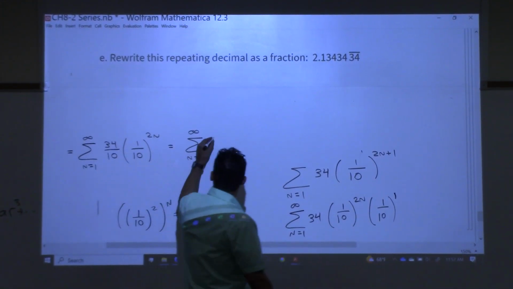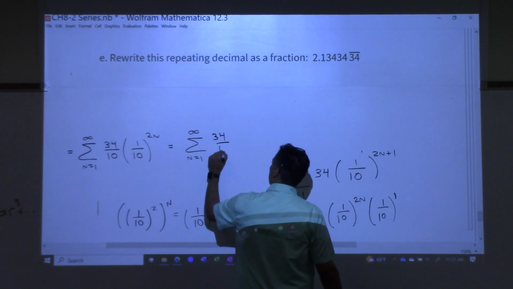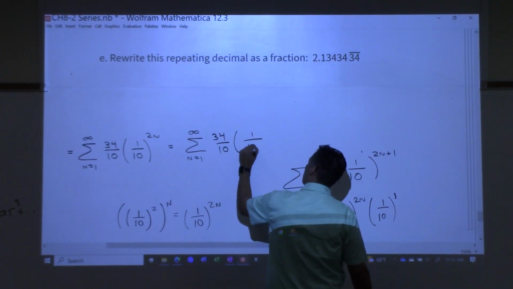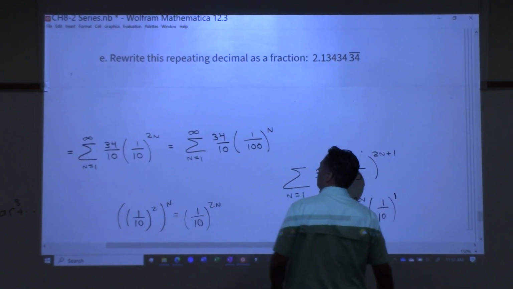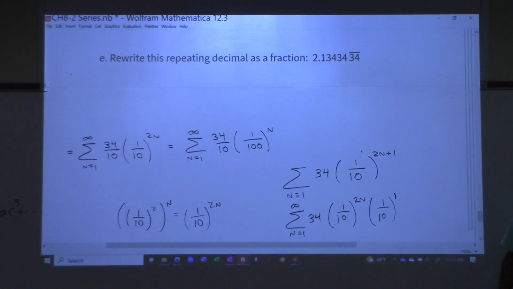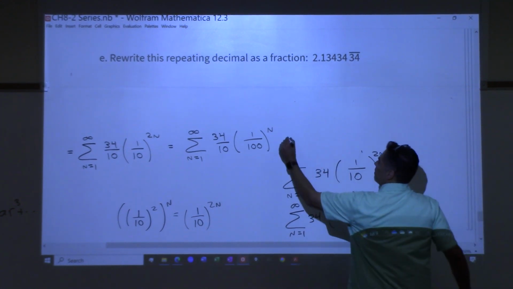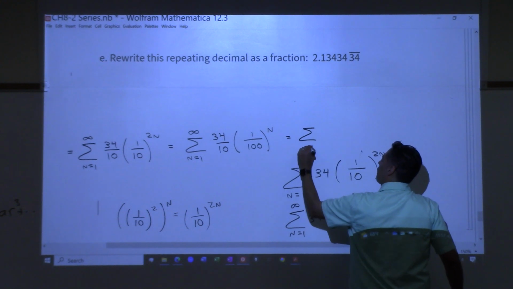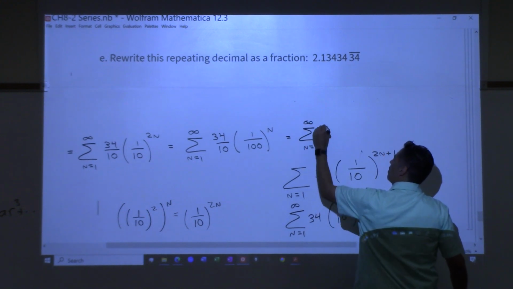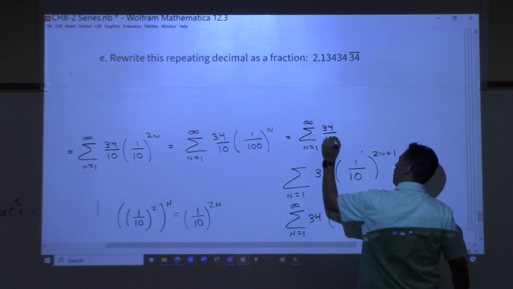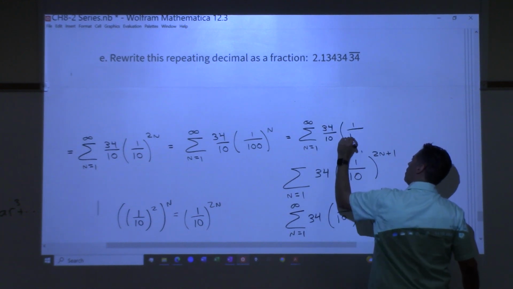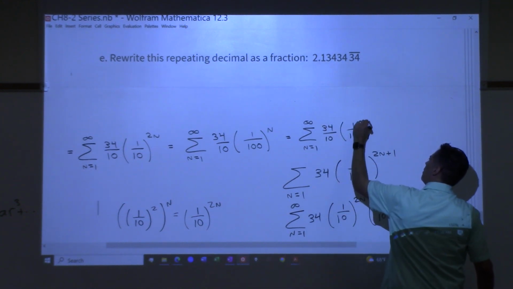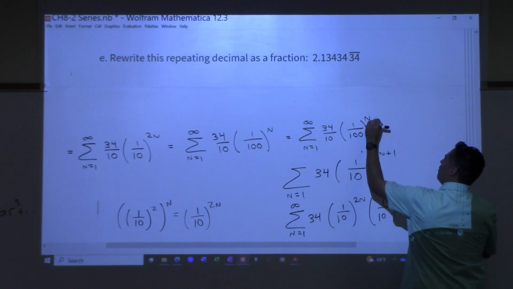So I'm going to write 34 over 10 and then 1 over 100 to the n. Almost there. Minus 1 plus 1, right? So next line, 34 over 10, then 1 over 100 to the n, and then minus 1 plus 1.